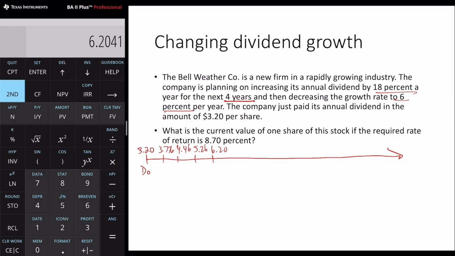So it's kind of cramped, but you can see we've taken 4 years of 18% dividend growth. That's what we just calculated.